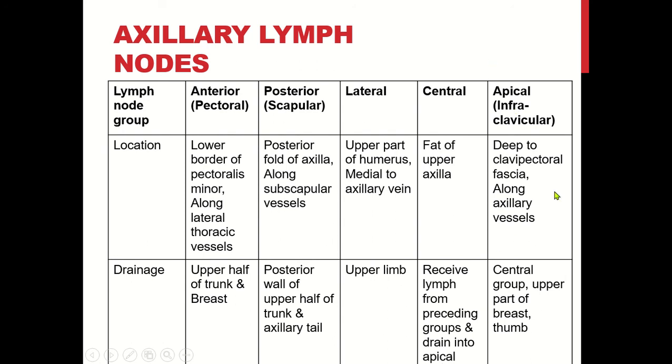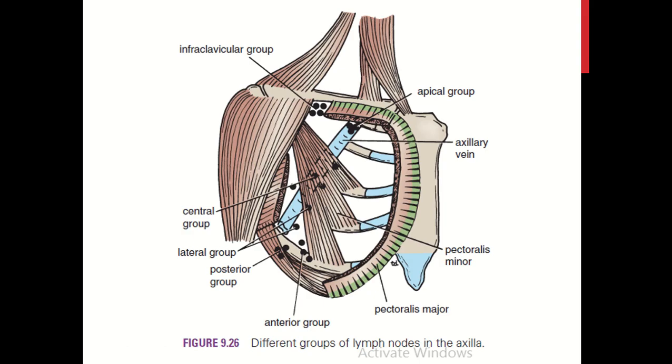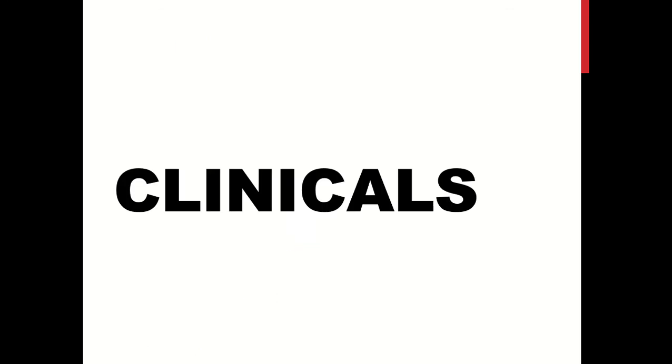And the apical group receives lymph from central group, upper part of breast and thumb. So here we can see this is the infraclavicular group, apical group, central group, and lateral group, anterior group, and posterior group of lymph nodes are shown in this diagram.